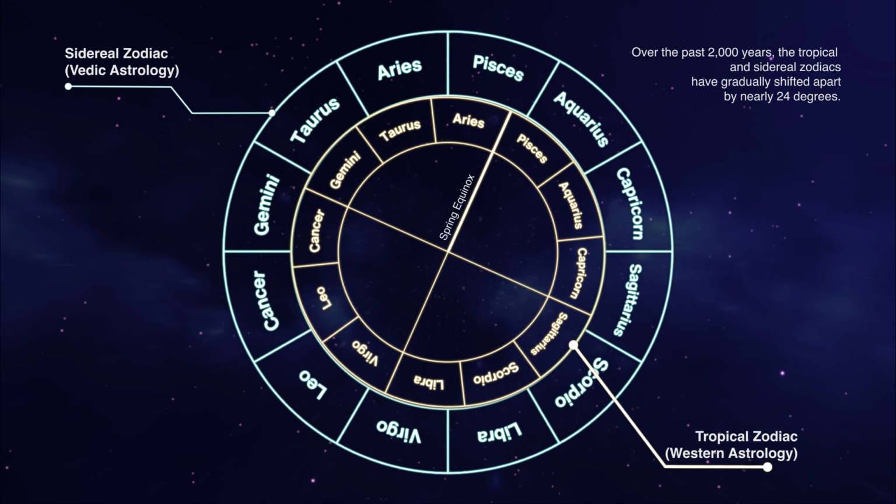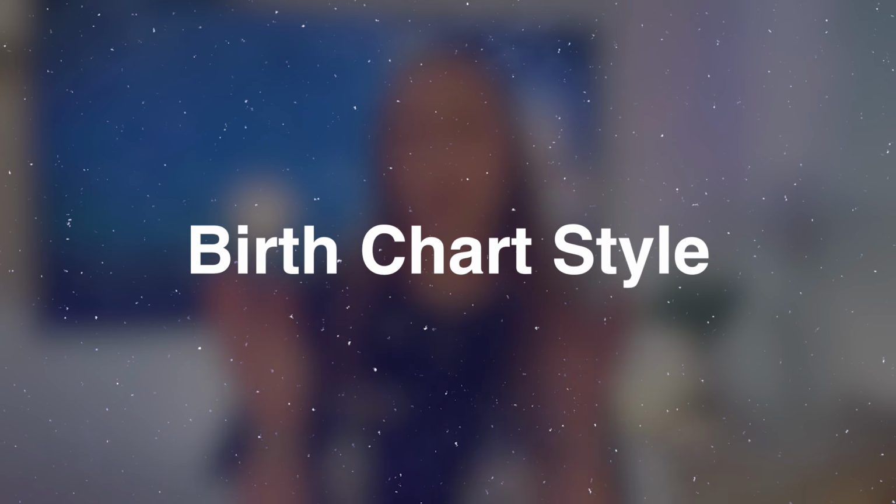It is worth noting that the length of one zodiac sign is 30 degrees, which means that the two systems are now almost one full zodiac sign apart. This is why, if your sun is in early degrees of Aries in Western astrology, it will still fall in Pisces in Vedic astrology.